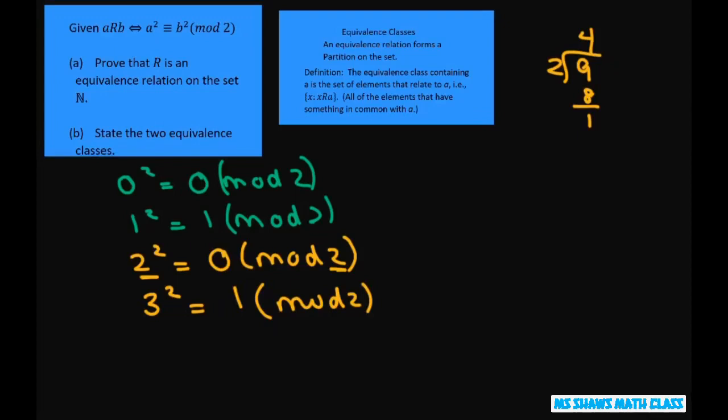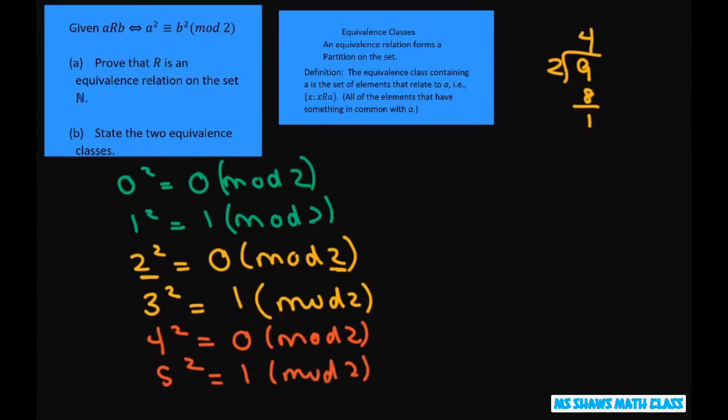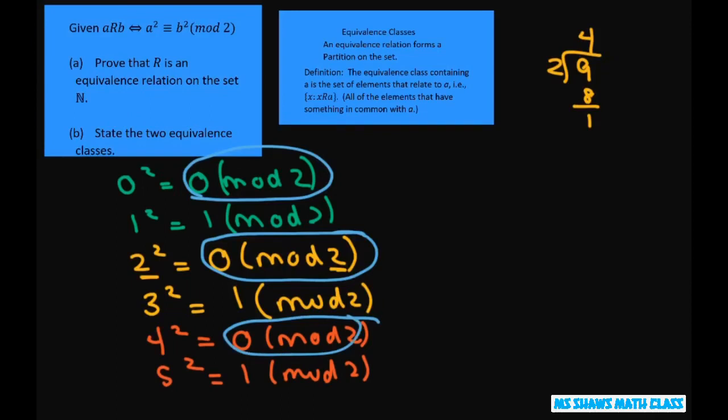If you notice here what's happening, you have 4 squared is going to be 0 mod 2. 5 squared equals 1 mod 2. So if you notice, our 2 equivalence classes are the ones that look the same here. So one equivalence class is going to be 0, 2, 4, and then you can just keep adding 6.